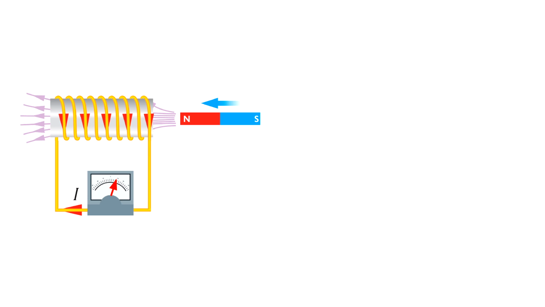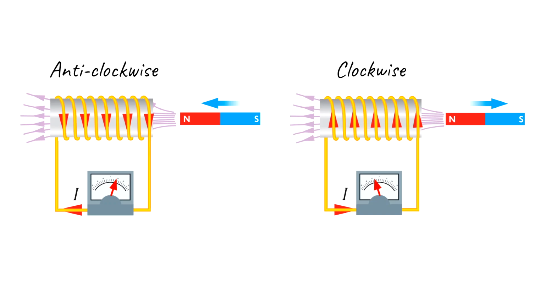Okay, let's make a conclusion from Faraday's experiment. If the north end of a magnet moves toward the coil, the direction of the current is anticlockwise. If it moves out of the coil, the direction of the current is then clockwise.